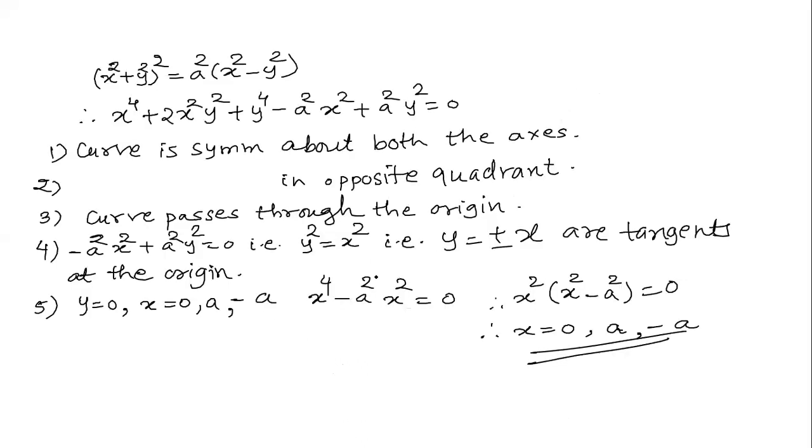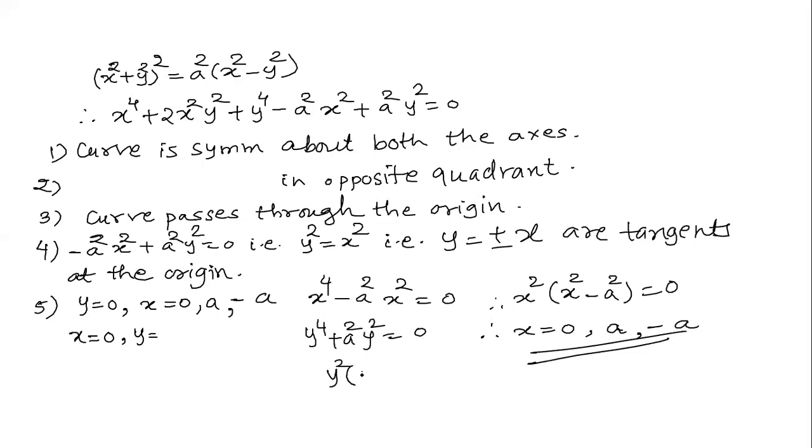Definitely we have to find dy by dx. But before that, let us put x equal to 0 and find what are the values of y. Putting x equal to 0, first term is 0, second is 0, y to the power 4 minus 0 plus a square into y square is equal to 0.